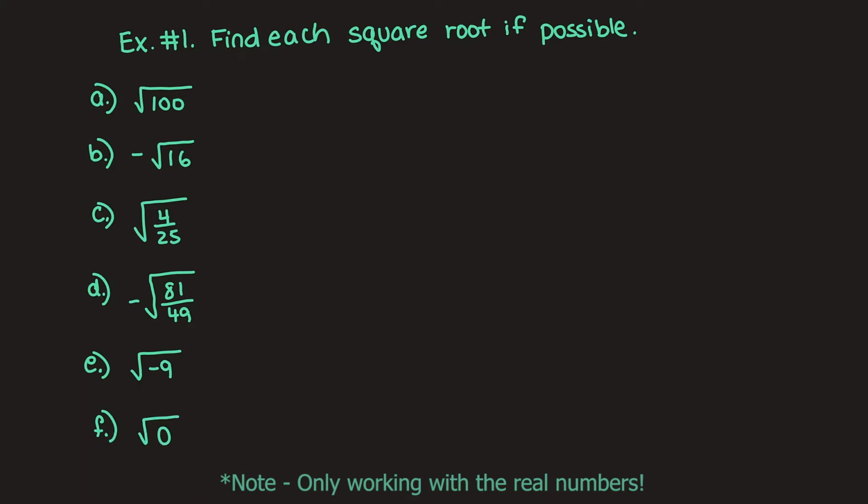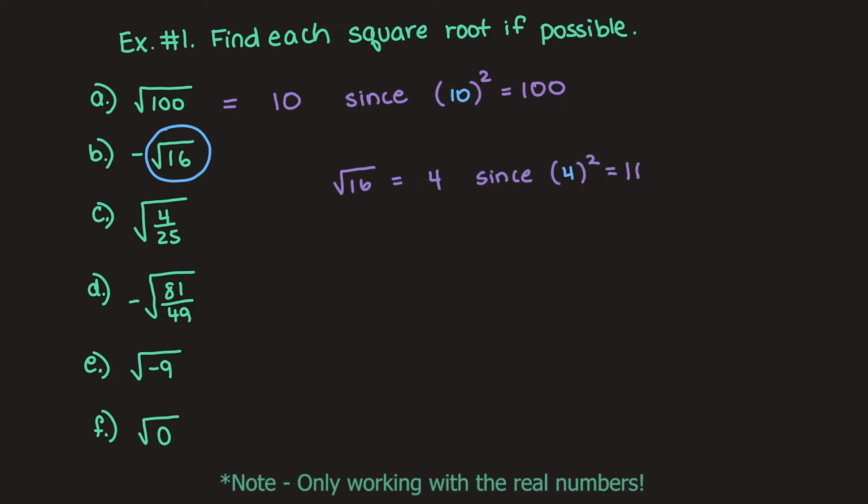The square root of 100 is 10, since 10 squared is equal to 100. And then for this example, we will first take the square root of 16, which is 4, since 4 squared equals 16. And then we'll just place the negative in front of the 4.